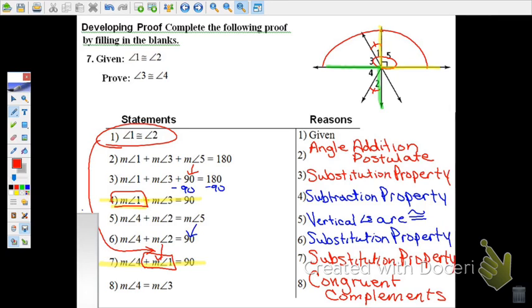We could get to angle 4 equals angle 3 another way by using a lot more substitution, subtraction property, all that kind of thing, but it would take us probably 5 or 6 more steps. So if we can identify that we have those two complementary statements, then we can use this idea of congruent complements to save us some time and some steps in that proof.